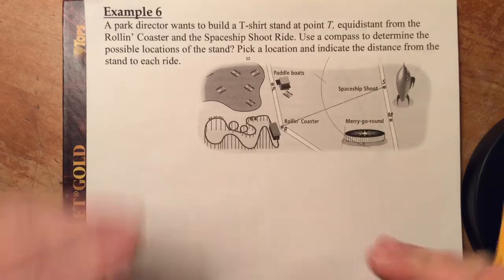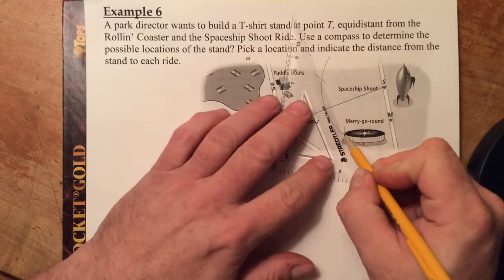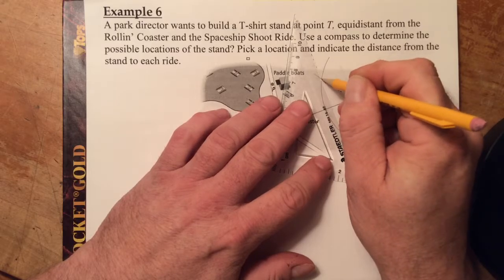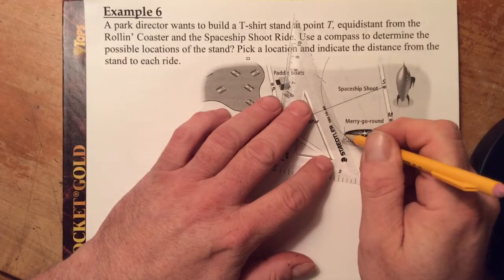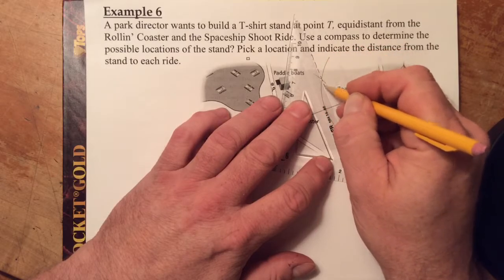Take your straight edge, connect those two intersection points for both arcs very carefully, and lightly draw a line or dashed line. I'm going to use a dashed line.